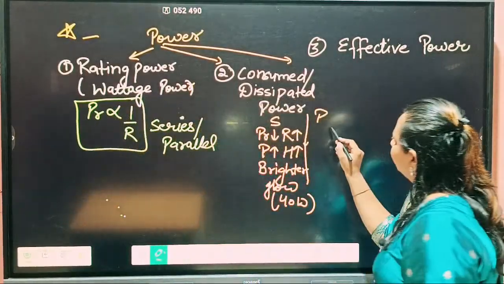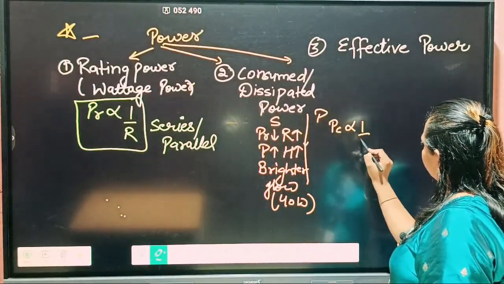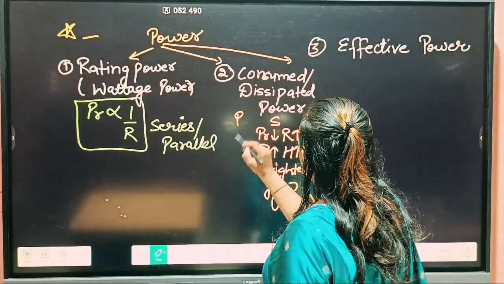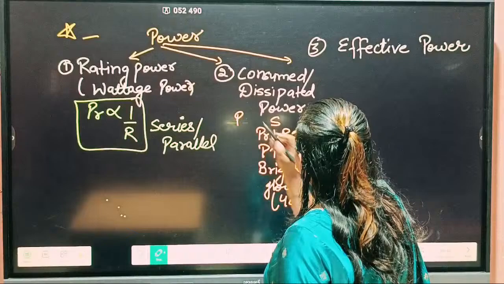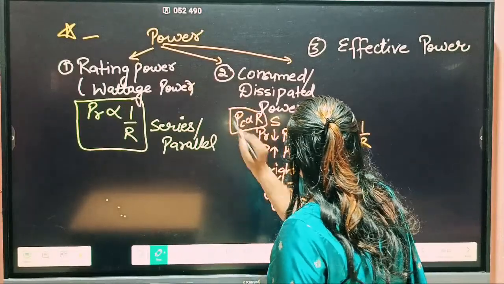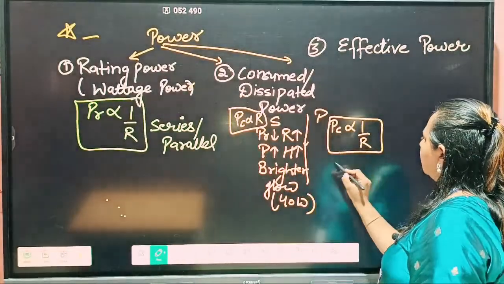And in parallel, consumed power is inversely proportional to the resistance. Here, consumed power is directly proportional, right? In series combination. In parallel combination, it is inversely proportional.